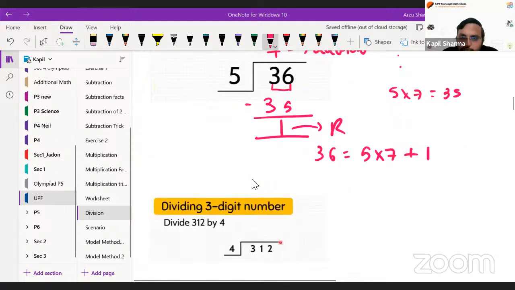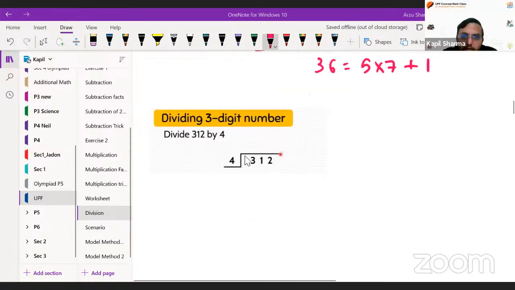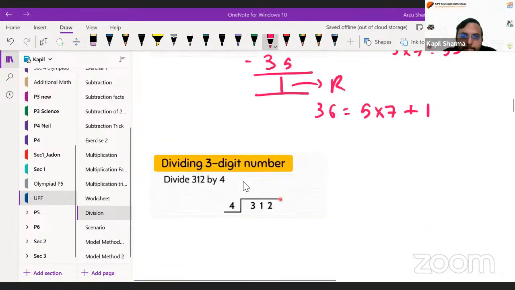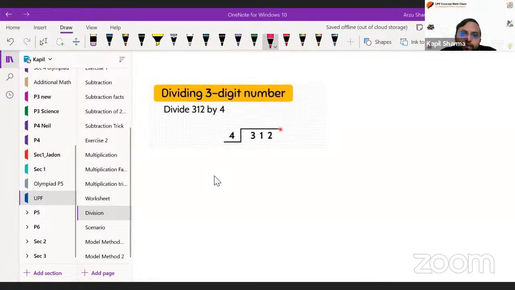Okay, fine. Now next, let's divide a three-digit number by a one-digit number. So guys, try this one. We have to divide 312 by 4. Okay, Yashika.